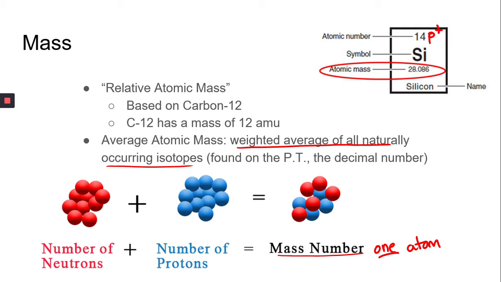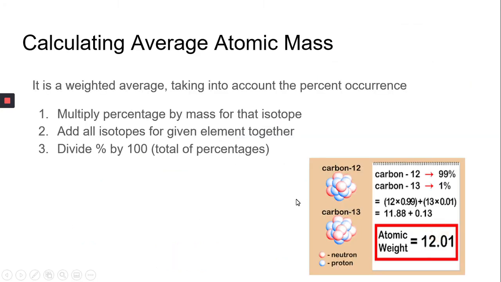Okay, so to find a weighted average, you multiply the percent by mass for that isotope. So for example, carbon has two isotopes, carbon 12 and carbon 13. The most common isotopes are 12 and 13. So 99% of the time you would get a carbon 12, 1% of the time it might be carbon 13.